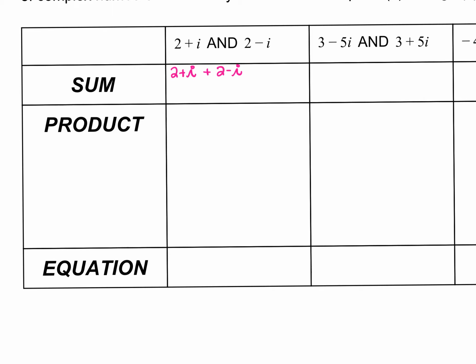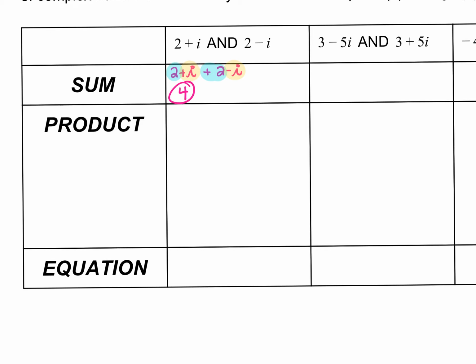We add the real components together and we add the imaginary components together. So when I add 2 plus 2, I get 4. And then when I add i to negative i, I get 0. So adding those two numbers together just gives me 4 as an answer.